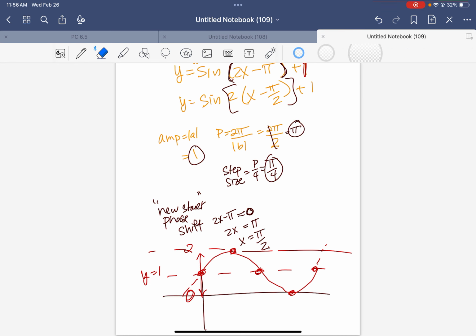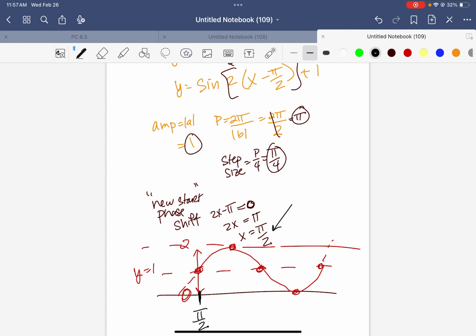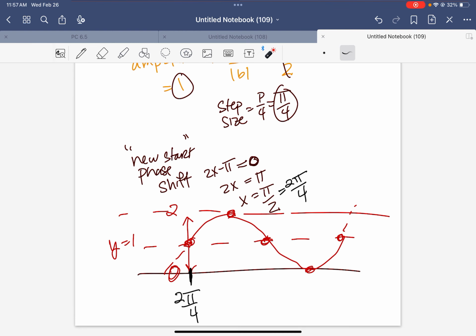And then I need my starting value. So our starting value actually turns out to be pi over 2, right? Pi over 2. But the way that I'm going to think about it, since my steps are pi over 4, I'm actually going to think about my starting value as 2 pi over 4. So that now when I take my steps that are of size pi over 4, the math is easy because we have common denominators.